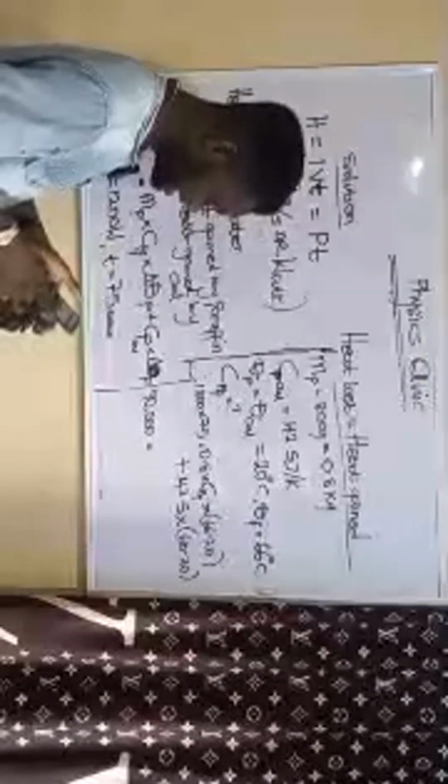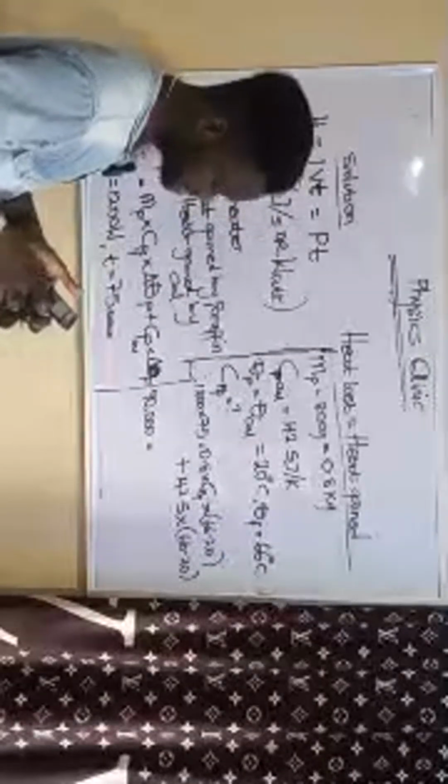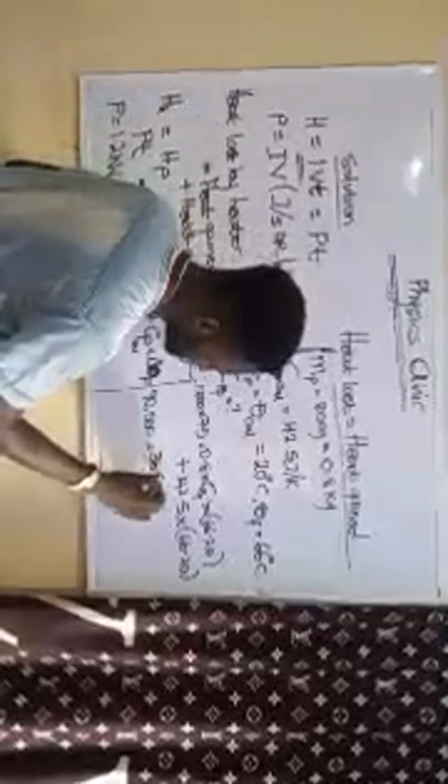All of this is equal to 66 minus 20, which is 46. So 46 times 0.8 will give us 36.8.